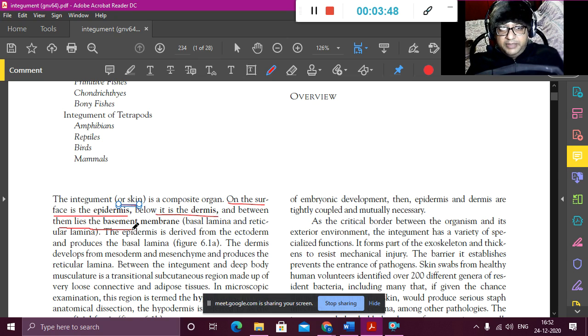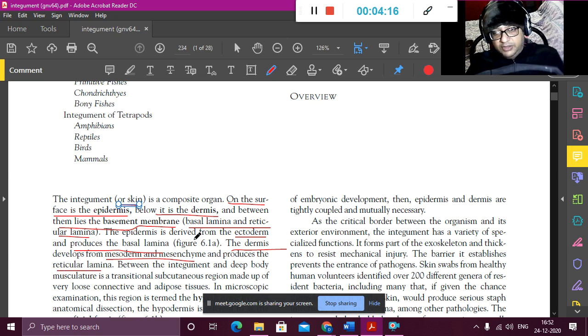Between the epidermis and dermis is the basement membrane, which consists of the basal lamina and reticular lamina. The epidermis is derived from the ectoderm and produces the basal lamina, and the dermis develops from the mesoderm and mesenchyme and produces the reticular lamina.